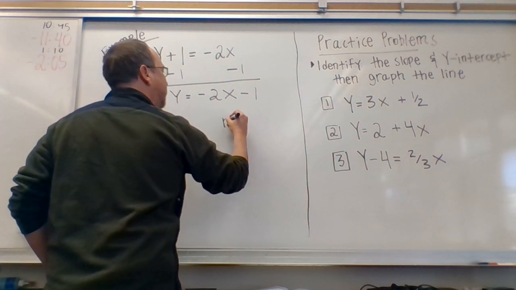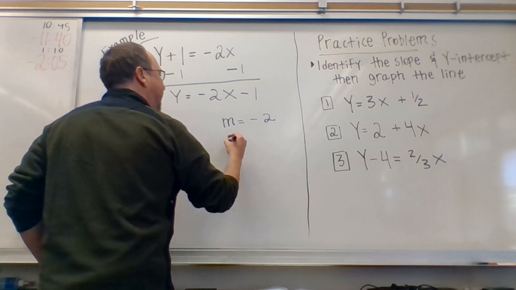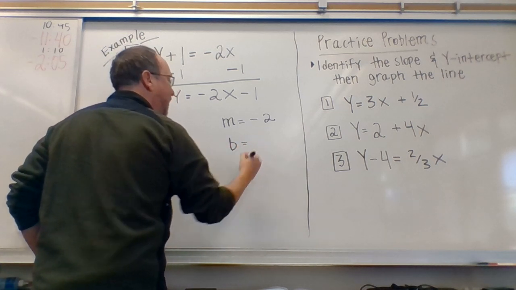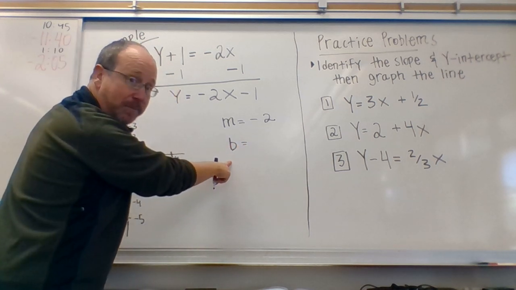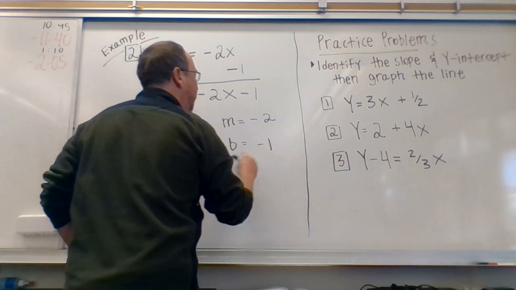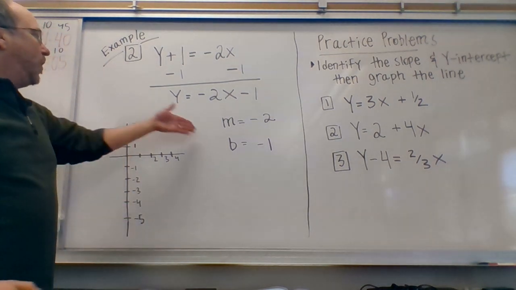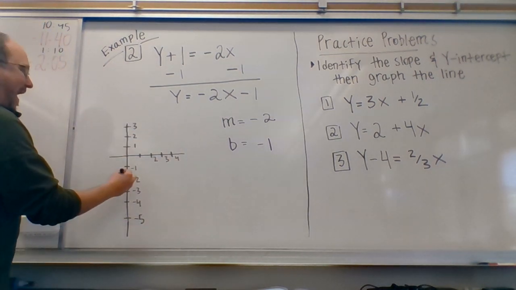My slope is equal to negative 2. And my b, which is my y-intercept, I'm just writing b this time, b is negative 1. So I have everything I need to graph a line.